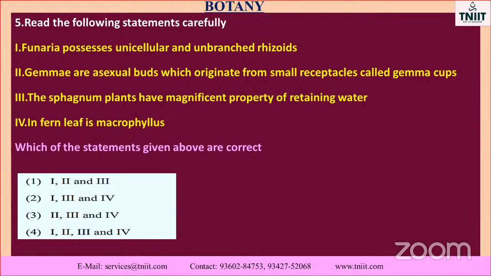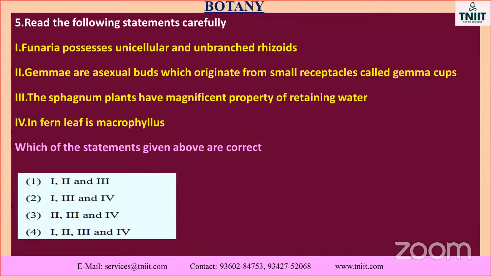That's why I told you, Funaria possesses unicellular rhizoids is the wrong statement. It is not unicellular, it is multicellular. And gemma originate from the gemma cup, so it's a correct one. Sphagnum plant is used in most nurseries because it has water holding capacity. That's why it is used for the transport of algae or fungi from one place to another.